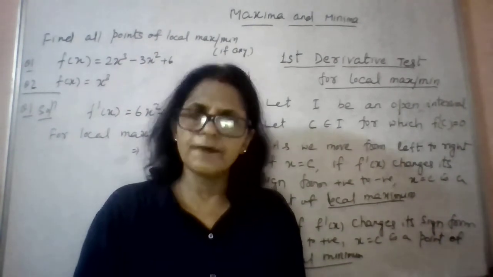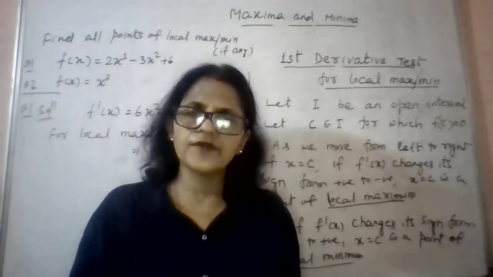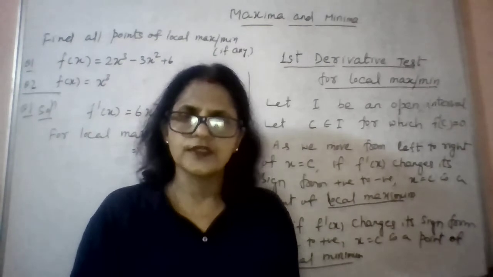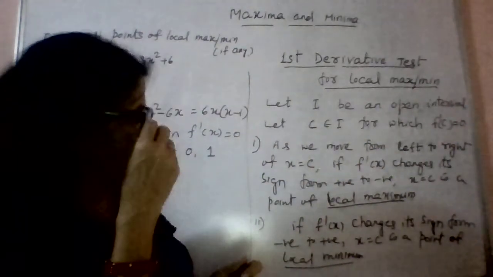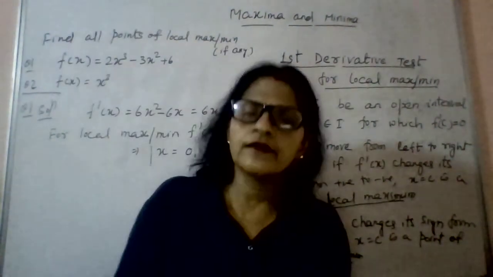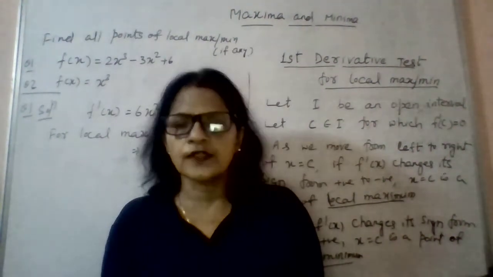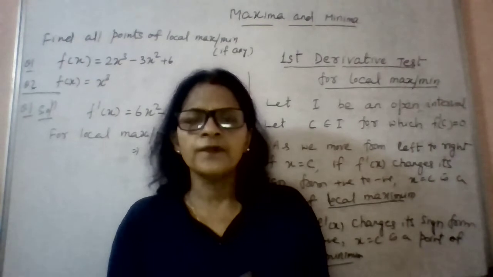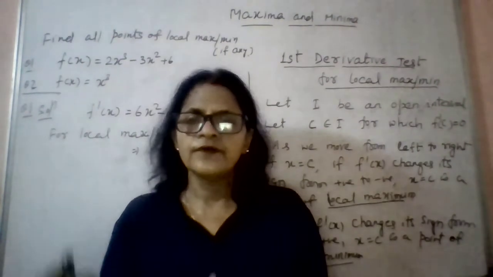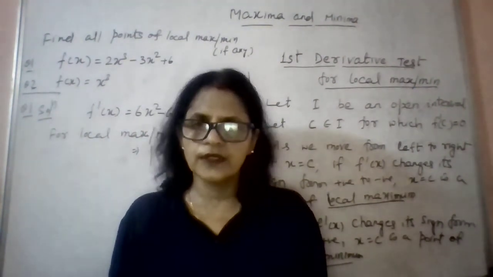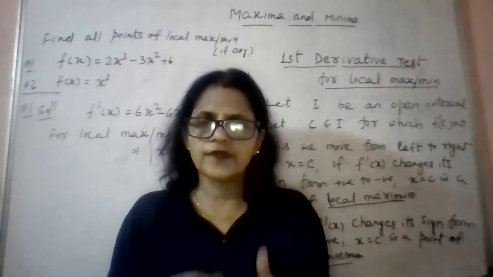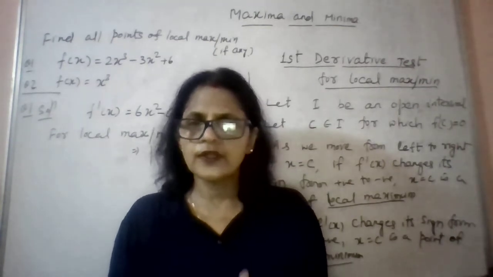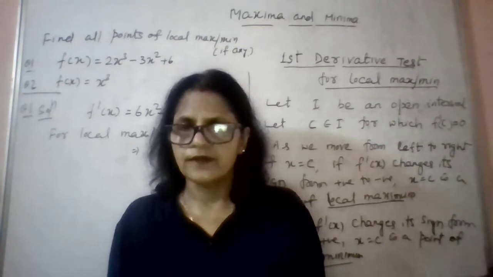And what will happen if the sign of the derivative doesn't change? So you can include the third step here. The third step is if sign of the derivative doesn't change as we move from left to right of x equal to c, that point is called point of inflection, right?